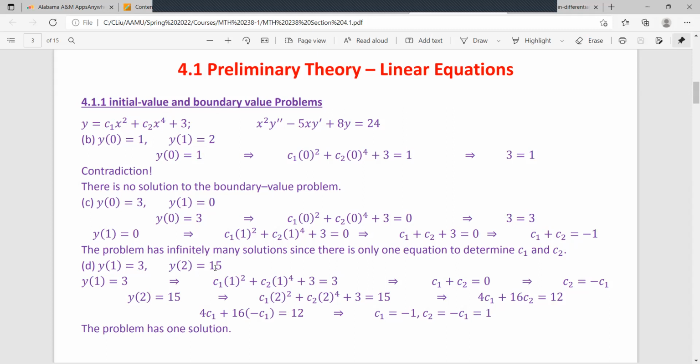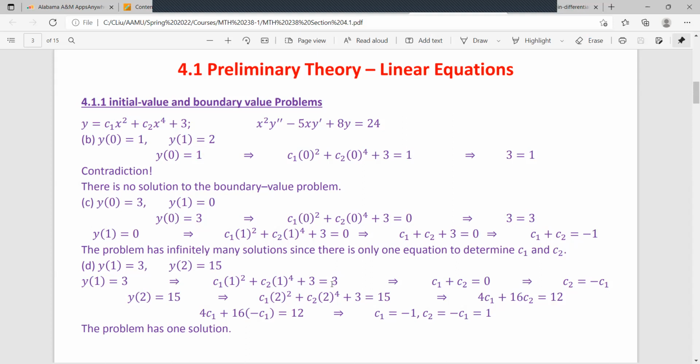So remember, we're trying to solve for y to satisfy these conditions. So just plug in 1 for x and 2 for x and then try to solve for C1 and C2.